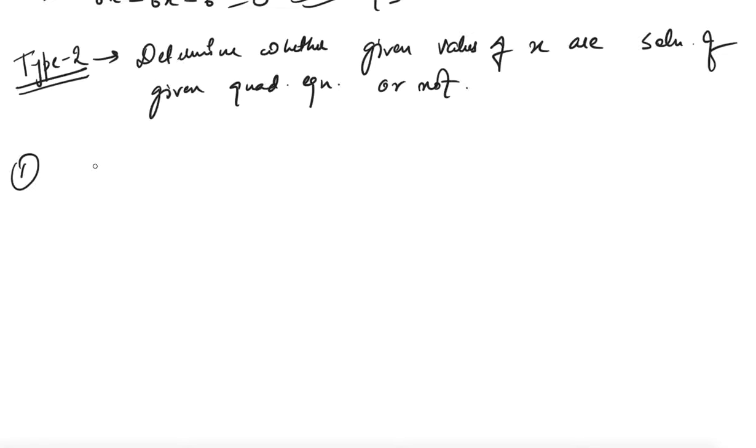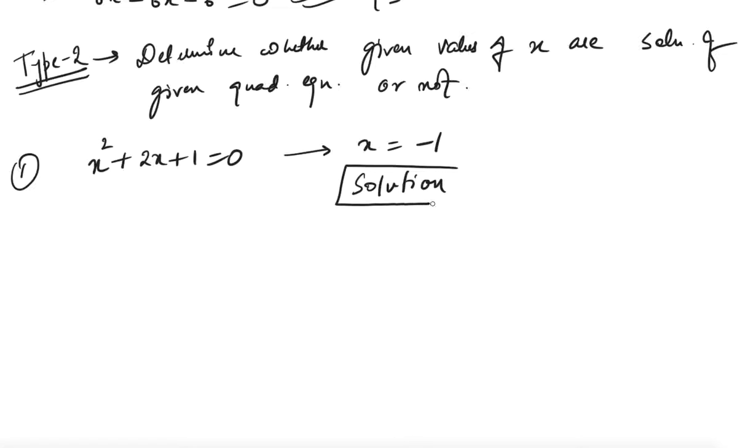Say the question is: I am given an equation x square plus 2x plus 1 equals 0, and they are asking me to verify whether x equals minus 1 is the solution of this or not. See, what do you mean by solution? Try to understand the meaning of solution.